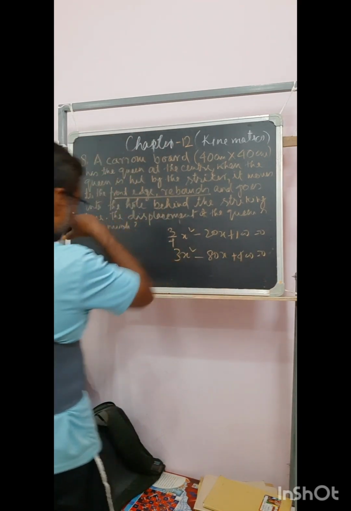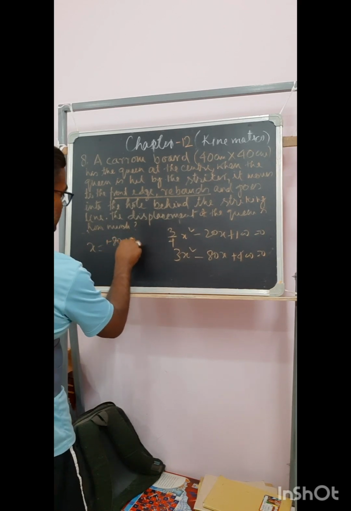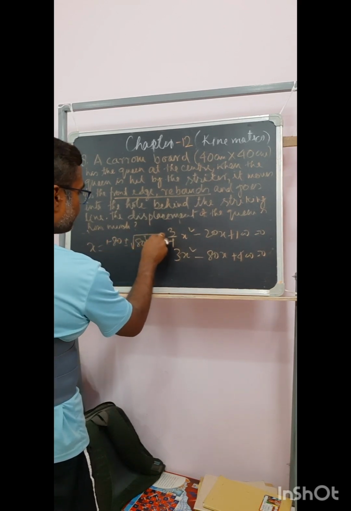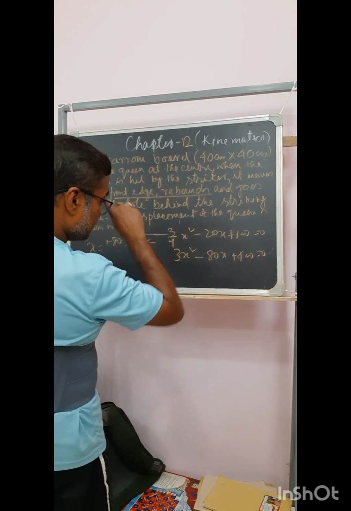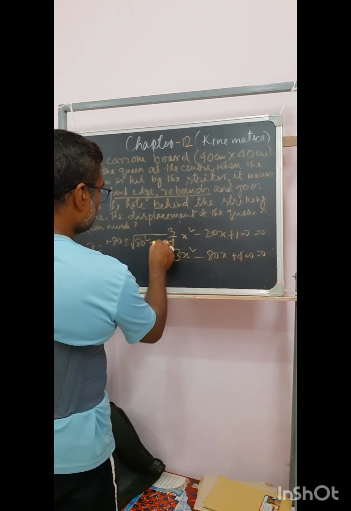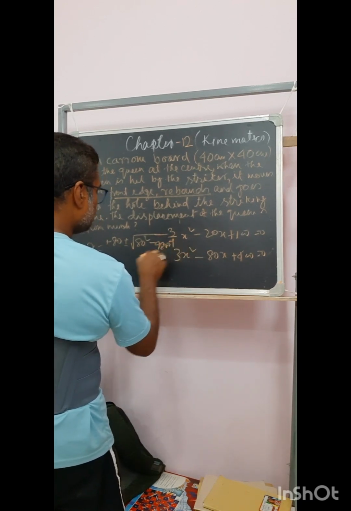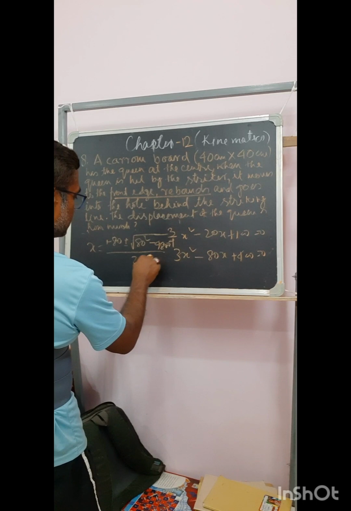Now if I calculate, x is equal to minus b plus or minus root of b square minus 4ac, that means 4 into 3 into 400, 4800, all divided by 2 into 3, 6.